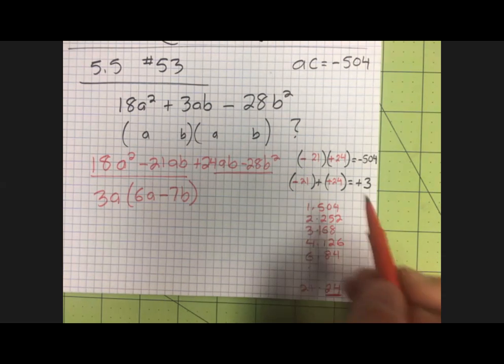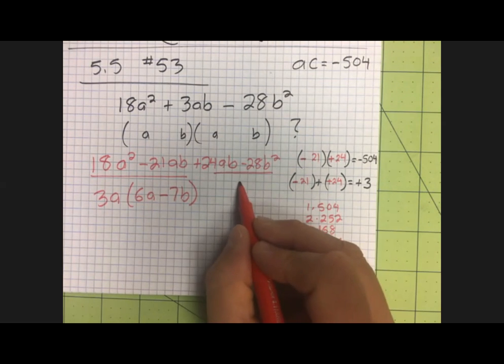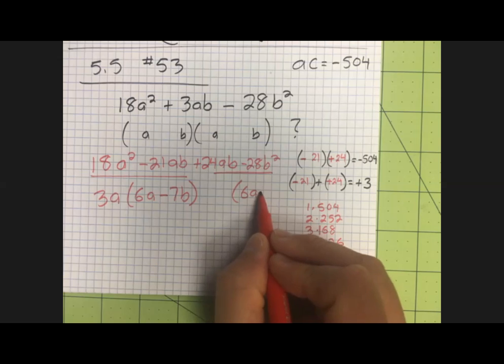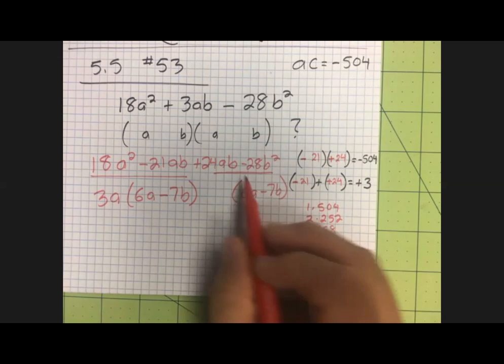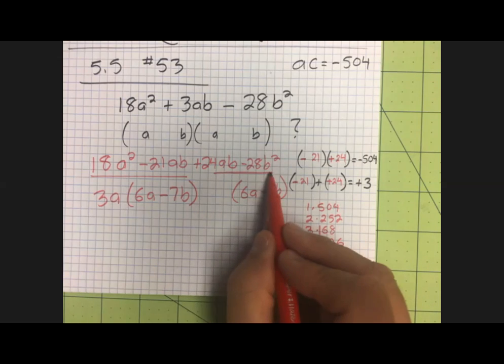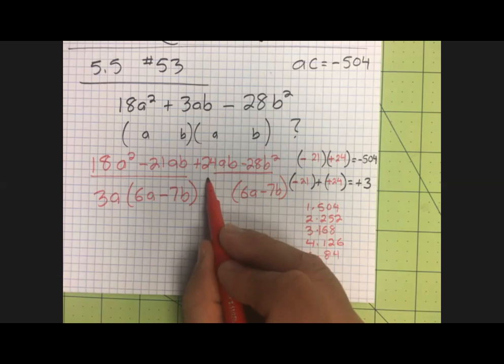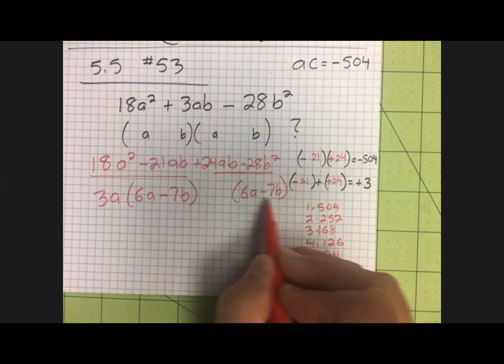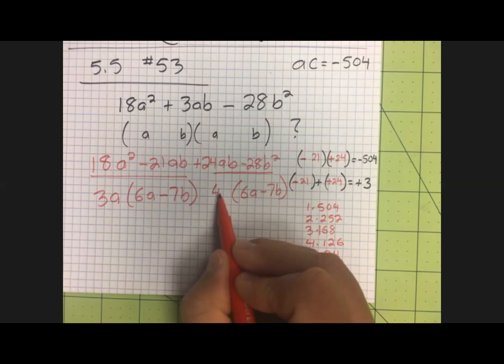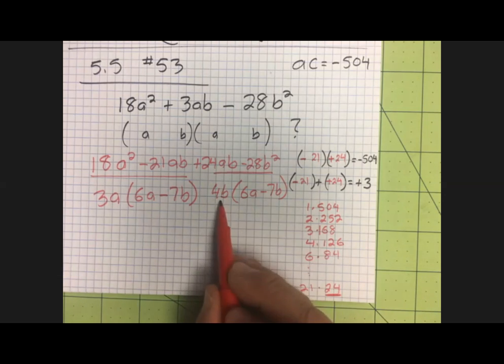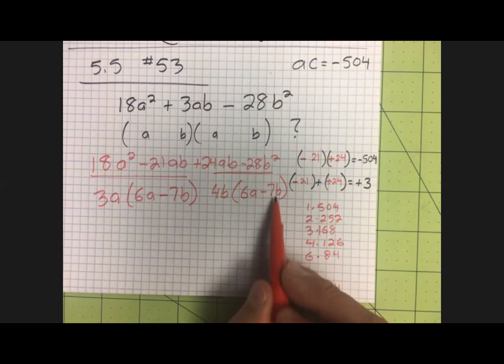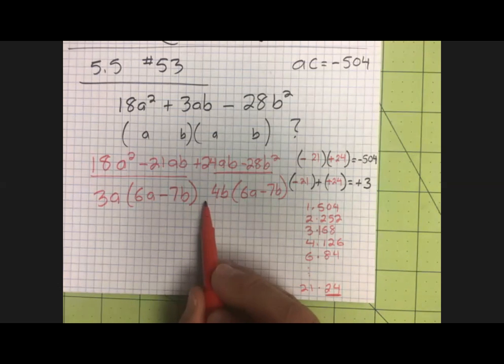Now, by the way, once I have these numbers, I know I'm going to win. So I'm looking for 6a minus 7b over here. What do these have in common that would leave behind 6a minus 7b? 4b. That gives me 24ab minus 28b squared. Now, do not say 4b, because if you do, I'm going to strike you for it.